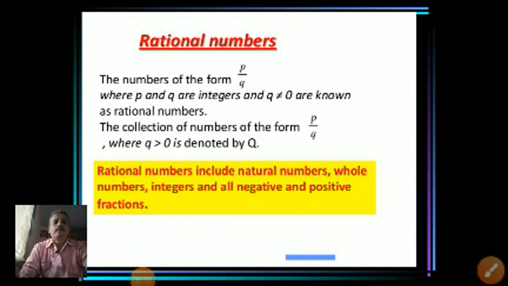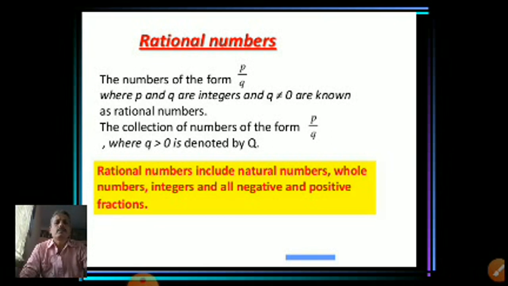Okay, once again, we can define rational numbers in an easy way. The numbers of the form p upon q, where p and q are integers and q is not equal to 0, are known as rational numbers.